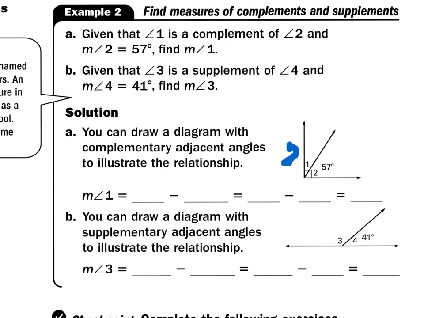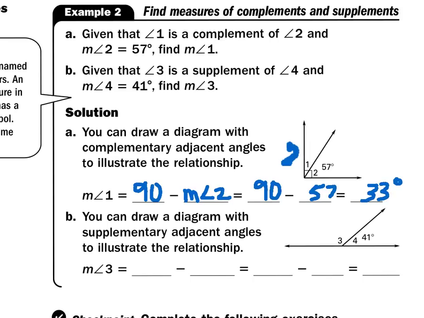Okay, so these are complements, so we know that they add up to 90. So we say measure of angle 1 equals 90 minus measure of angle 2. And then let's put in our numbers, 90 minus 57, and that equals 33 degrees.